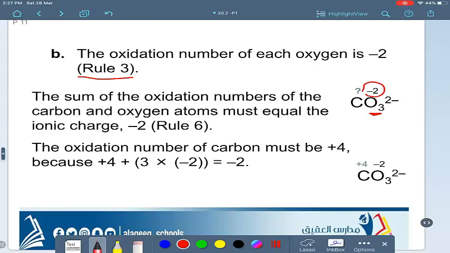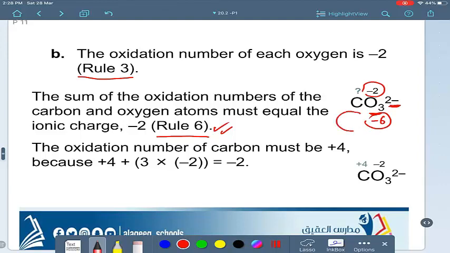And you remember the last rule, rule 6. It talks about a polyatomic ion. If you have a polyatomic ion here, it means the overall charge is the same as the charge of the polyatomic ion, which is -2 here, not 0. Rule 6. Let's calculate the oxidation number for carbon. -2 for oxygen times 3 means -6.